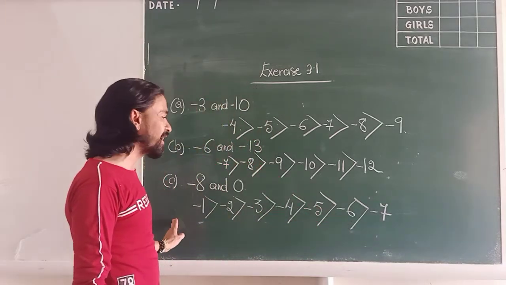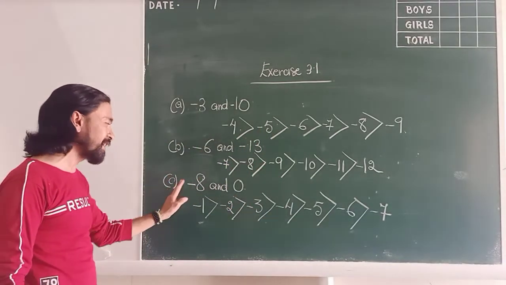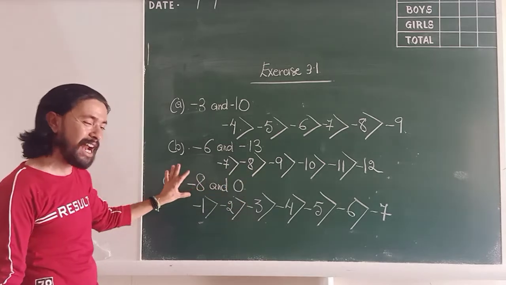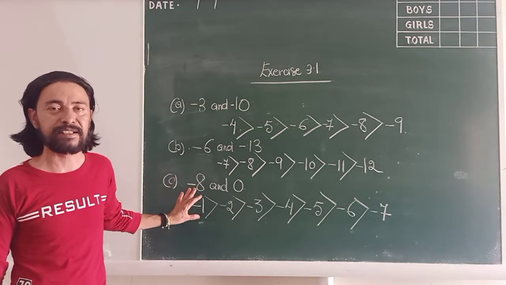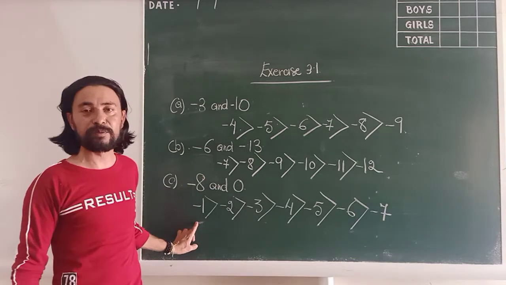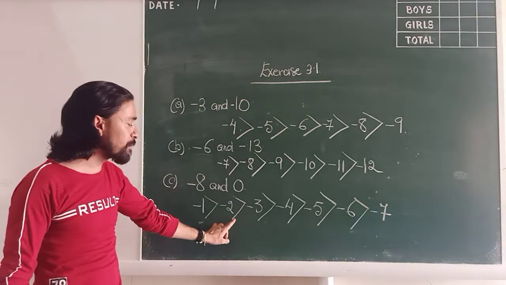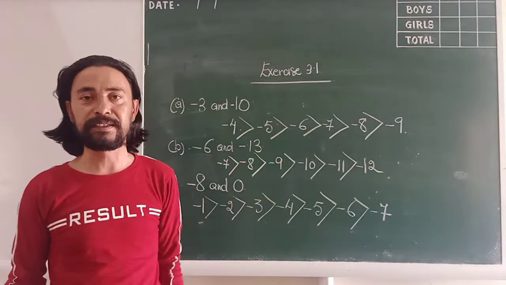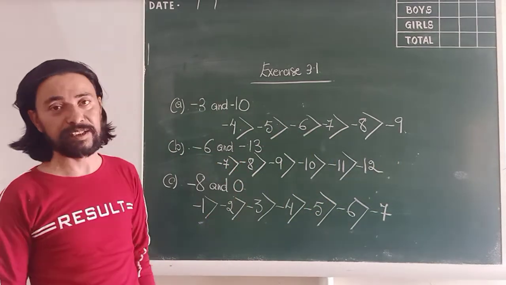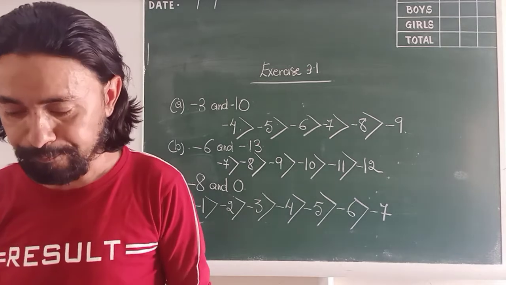It should be greater to smaller. So the greatest number between minus 8 and 0, the first number will be minus 1. That is the greatest. Then comes the smaller number, minus 2, minus 3, minus 4, minus 5, minus 6, minus 7. So be careful when you are doing this sum. I hope you understood this sum.